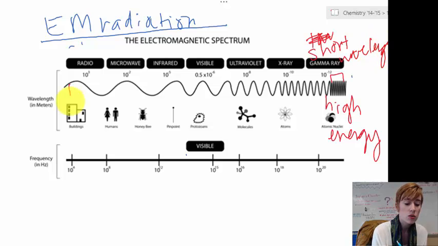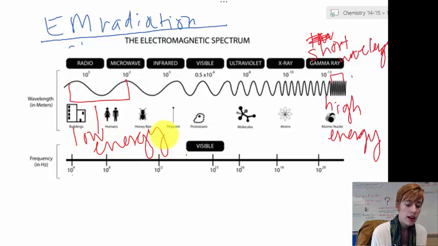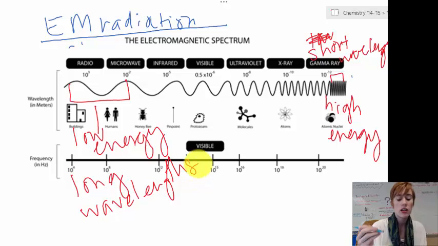And wavelengths that are really, really long correspond with things that have low energy. So low energy and long wavelengths go together. Things that have a lot more energy have shorter wavelengths. Things that have lower energy have longer wavelengths.